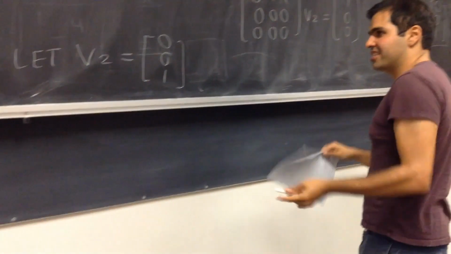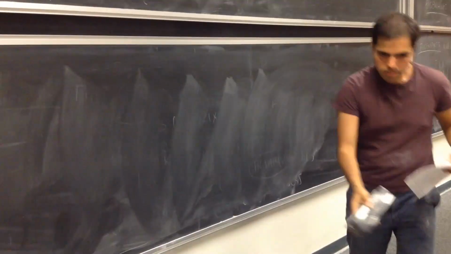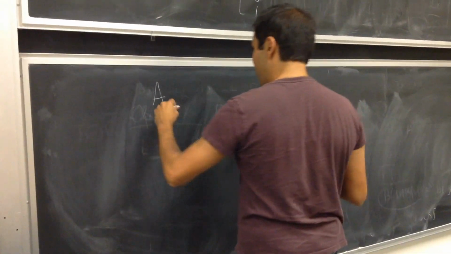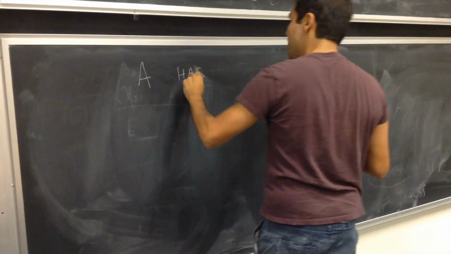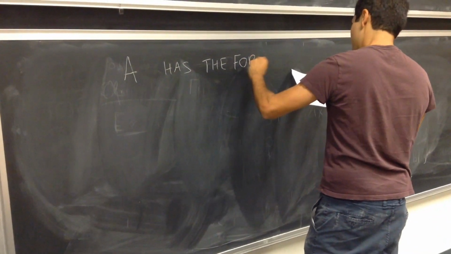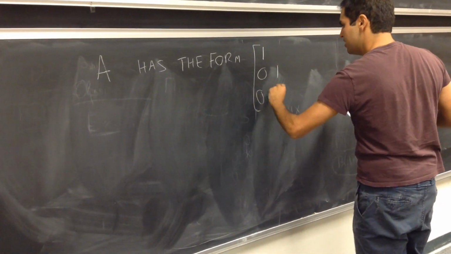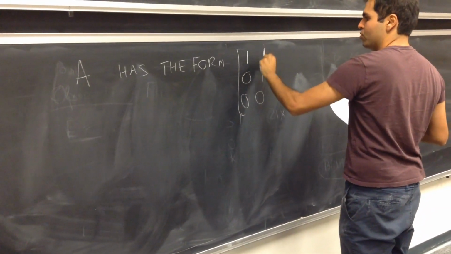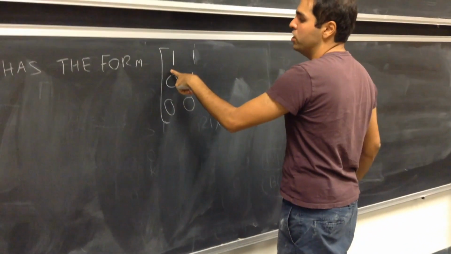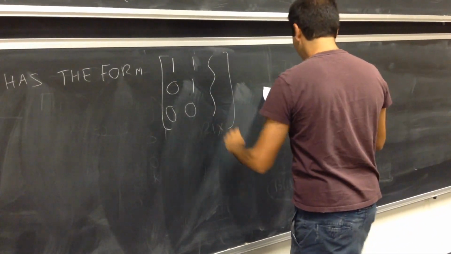And that's great because it tells us that A can be put in the following form. Again, eigenvalue 1, 1, 0, 0, 0, and the entry above is 1. Sorry for using 1, but if the eigenvalue were 2, it would be 2, 2, 1, and some other junk.